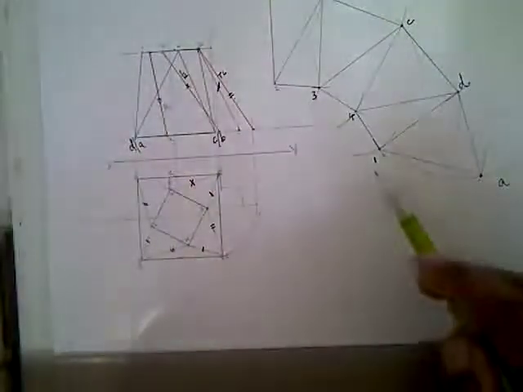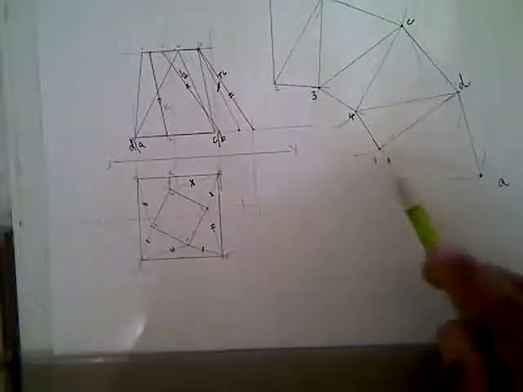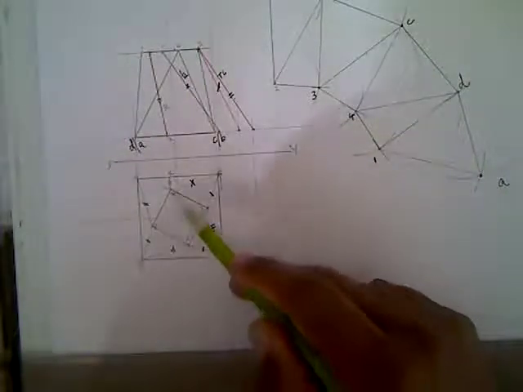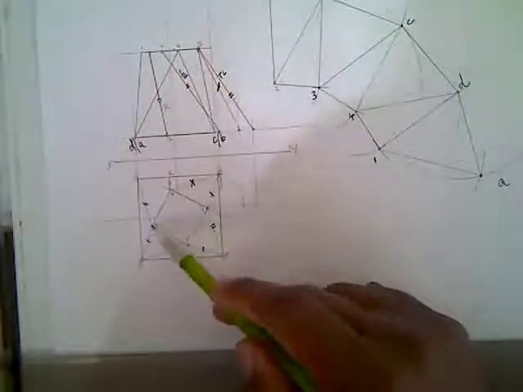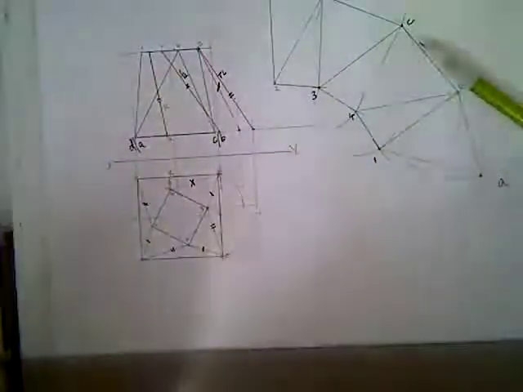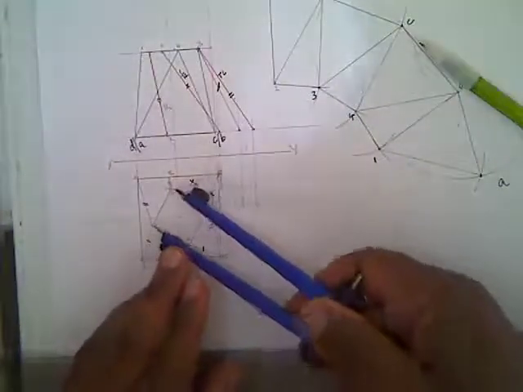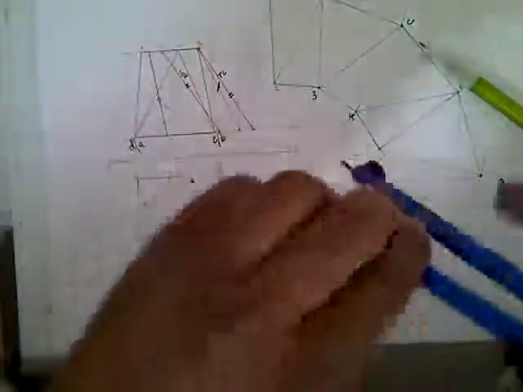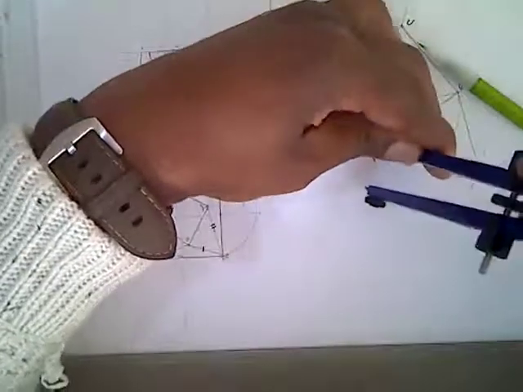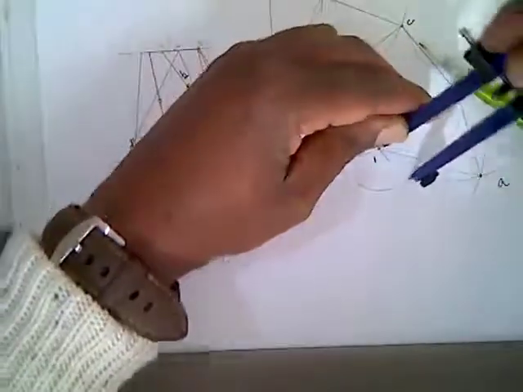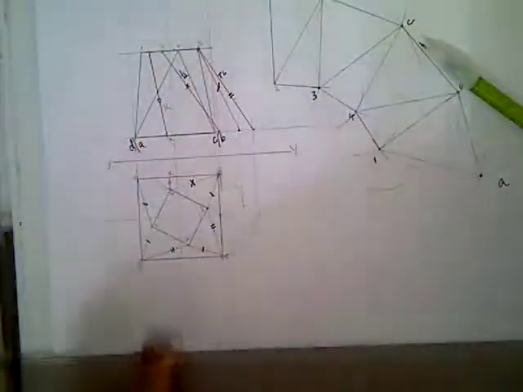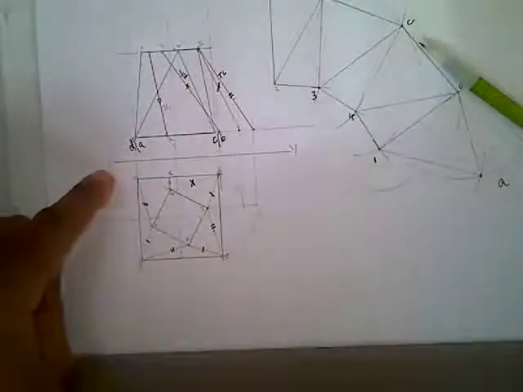And then now we move from 1, we go back to 2. We started at 2, now we go back from 1 to 2. From 1 to 2, we still get the same true length. I'm not going to explain it any further. You know why. And then from A to 2, where is A?